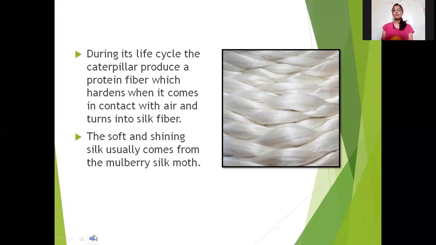We get the silk fiber from silkworm, and it happens as the life cycle proceeds. The soft and shining silk we get is from the mulberry silk moth.